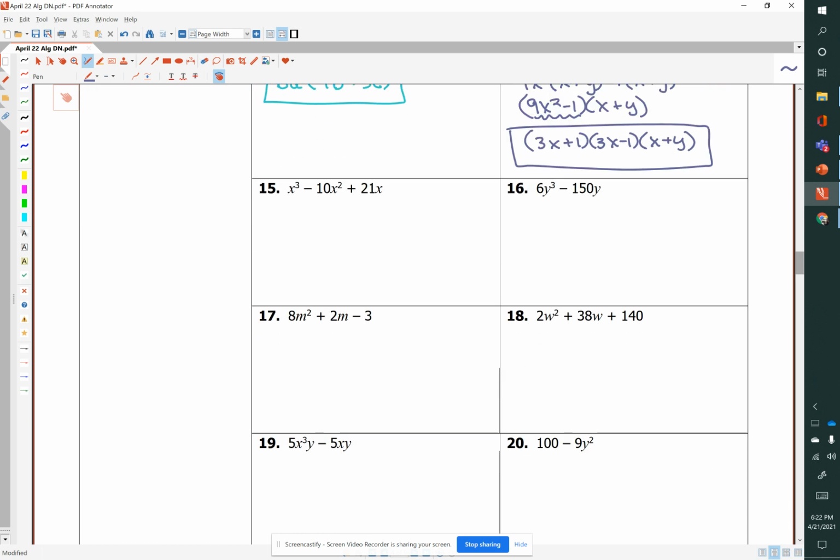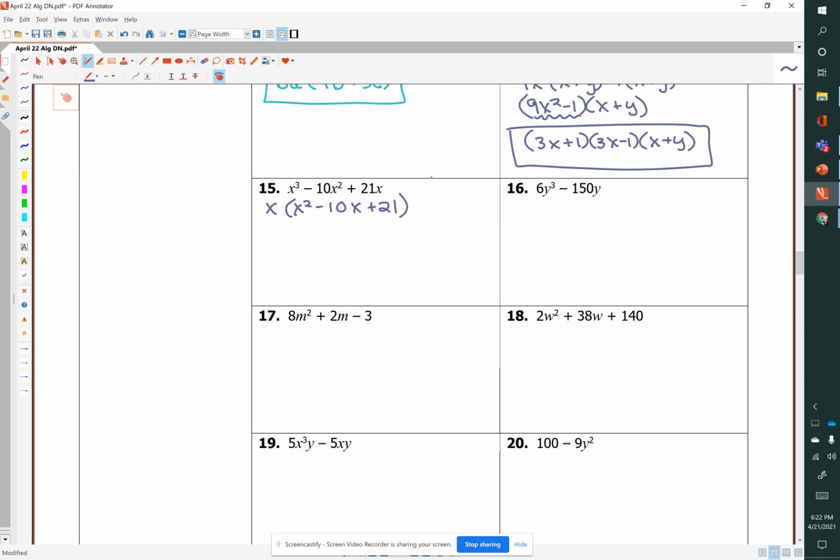Okay, number 15, we can factor out an x. We'll start there to give us x squared minus 10x plus 21. And we need two numbers that add to negative 10 and multiply to positive 21.